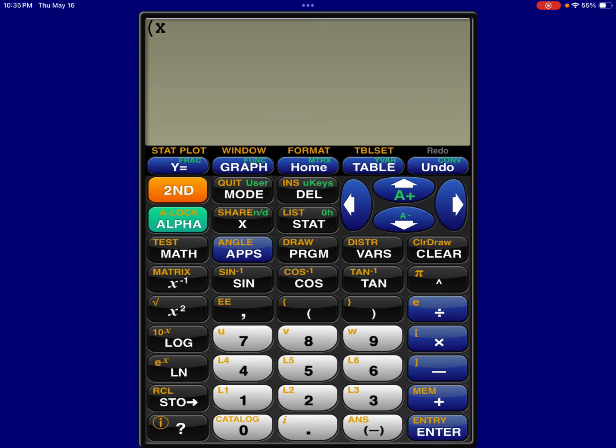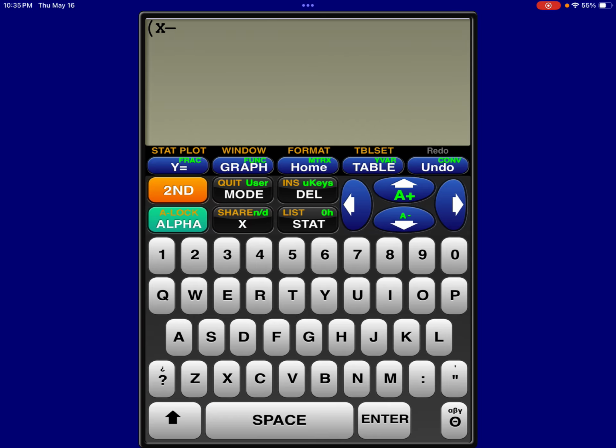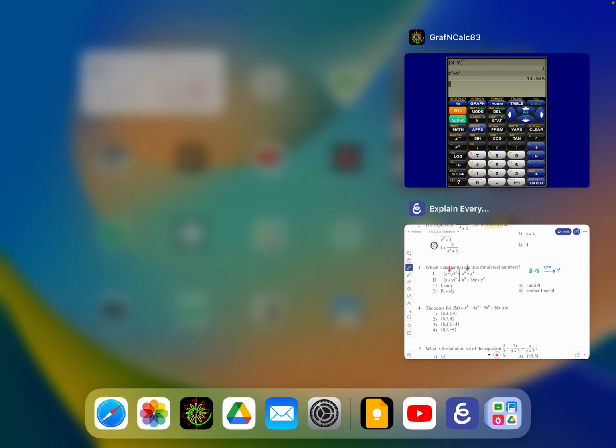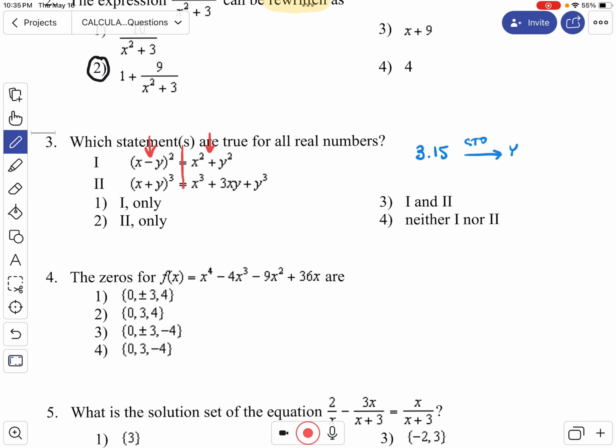I'm going to go ahead and plug the left side of the equation in exactly the way that I see it. Okay, and I'm going to plug in the right side of the equation exactly the way that I see it. x squared plus y squared. And these do not give us the same on the left and the right, so I know that option 1 is not correct, so that's out.